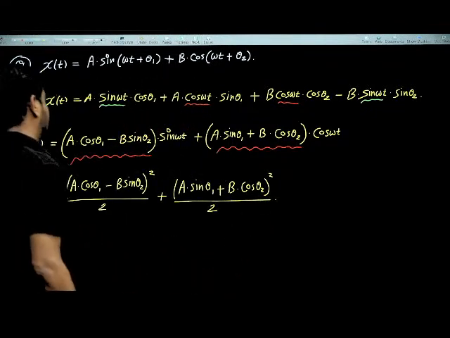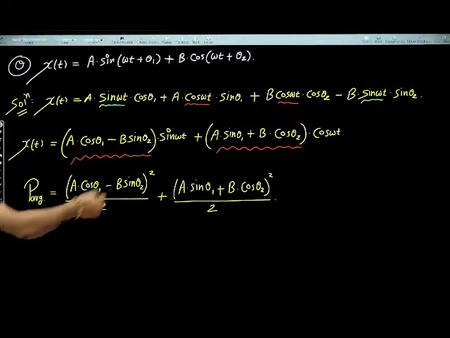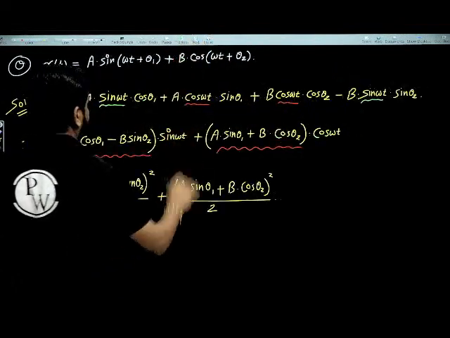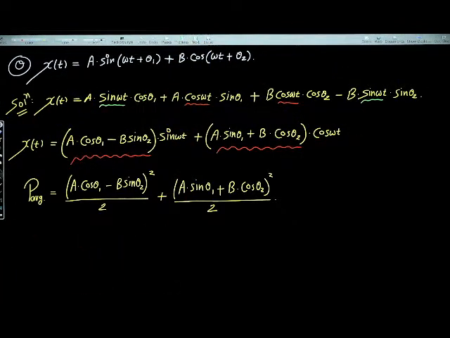See, you need not remember the formula, always remember the procedure. With this and this, you will get the same answer, don't worry. Okay, we will cross verify also. Is this clear? So simply remember this procedure.